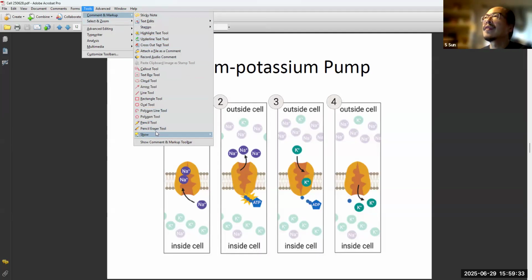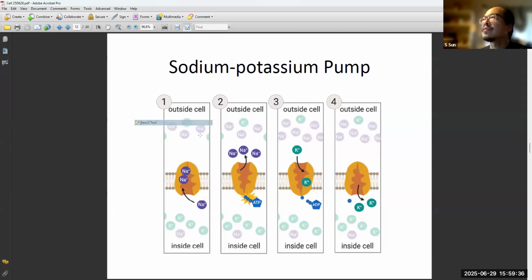Pencil tool. 3 sodiums out right here, outside of the cell. It pumps 2 potassium inside of the cell, right here, inside of the cell. So that's that. 3 sodiums out, 2 potassium in.